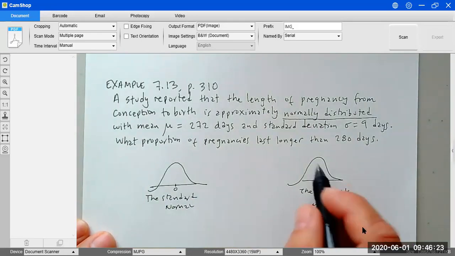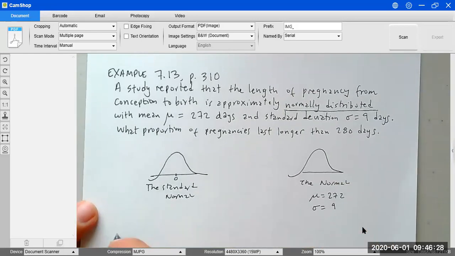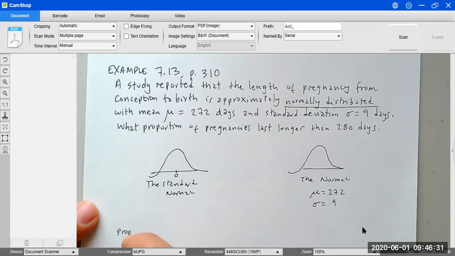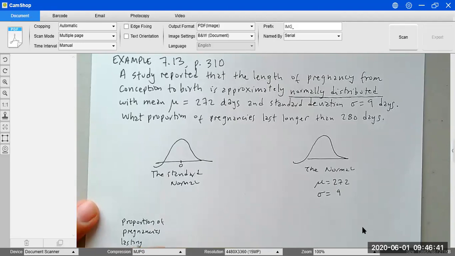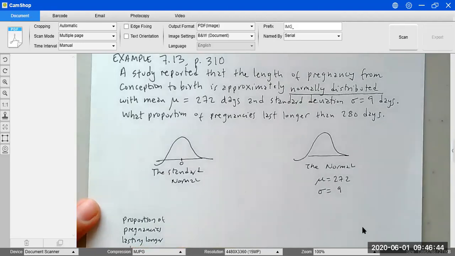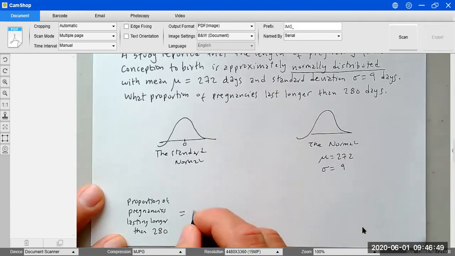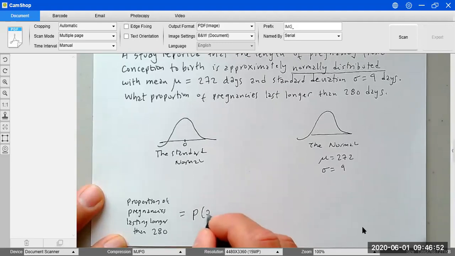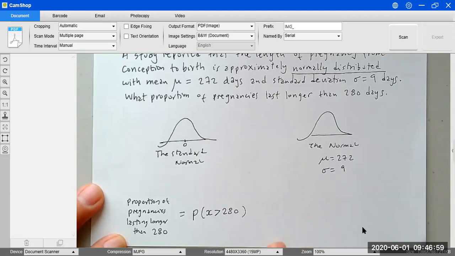So they are talking about the proportion. We want to know the proportion of pregnancies lasting longer than 280 days, which is equivalent to finding the probability that X is greater than 280 days.